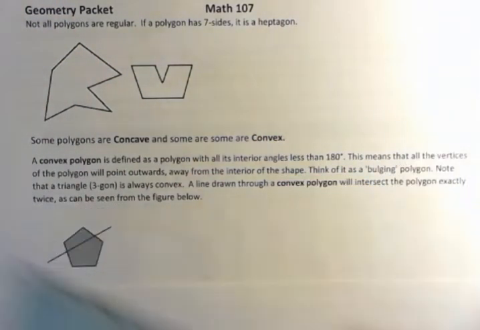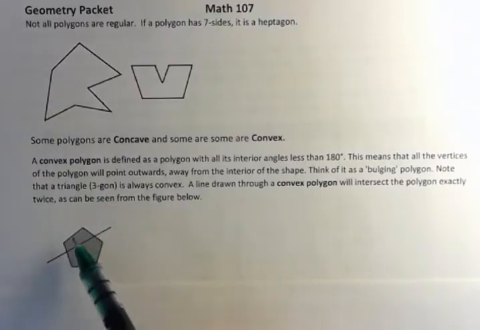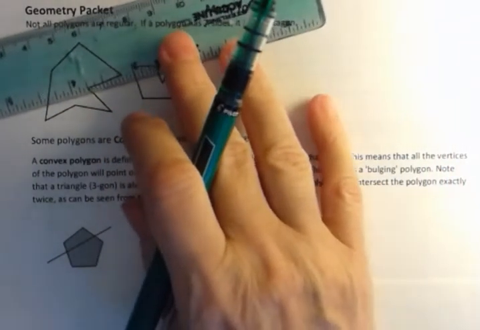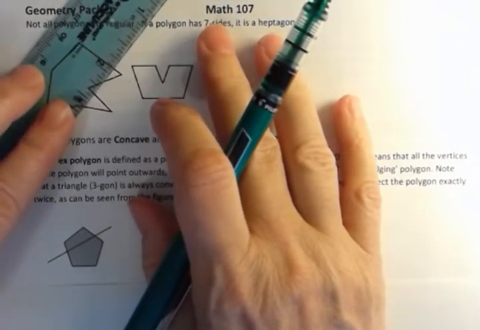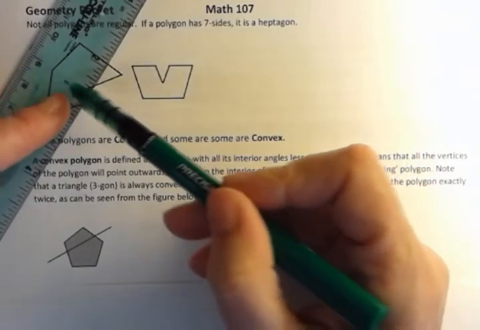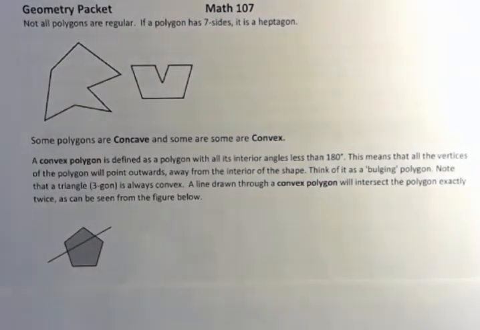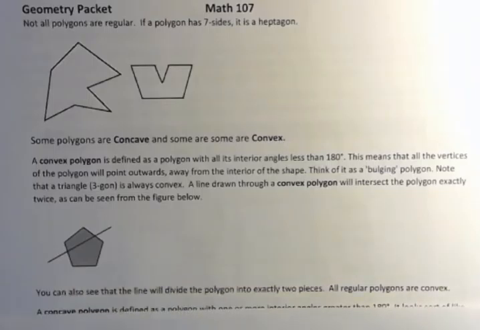So if you have a convex polygon, you know it's convex if you draw a line and it can only touch it twice, and it cuts it into 2 pieces. Like if I was to draw something here, I could cut that into 1 piece, 2 pieces, 3 pieces. I could have multiple pieces. So another thing is that it's going to have exactly 2 pieces after you do that.